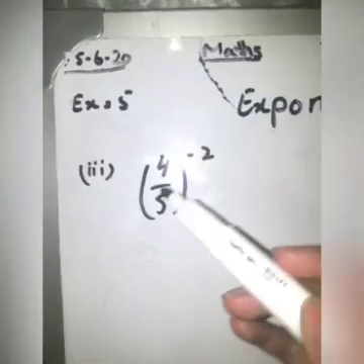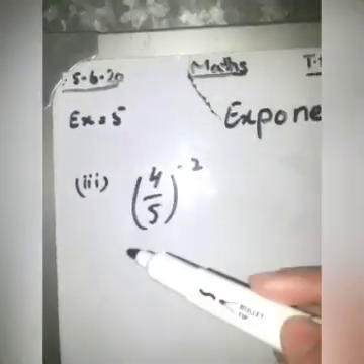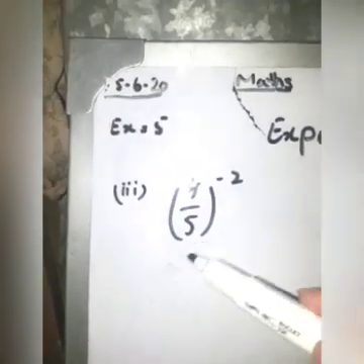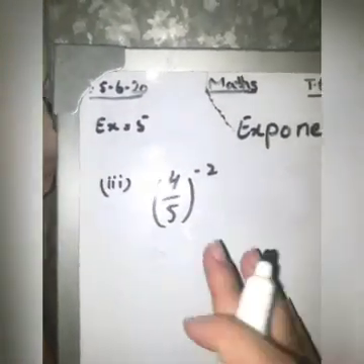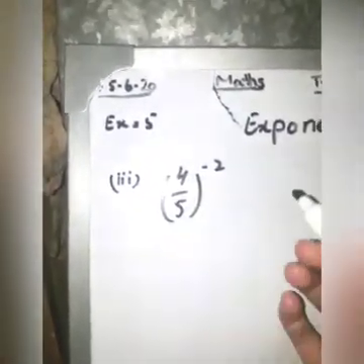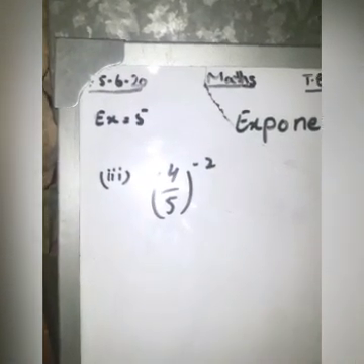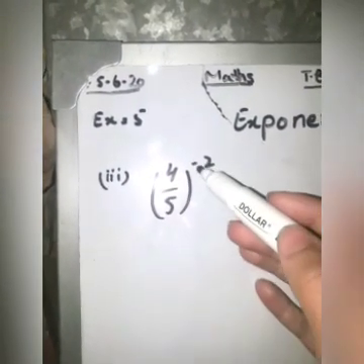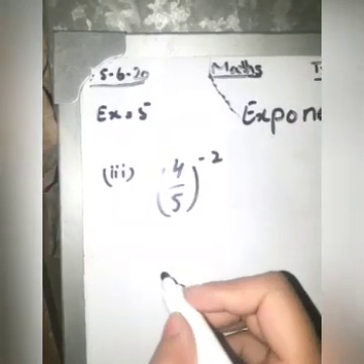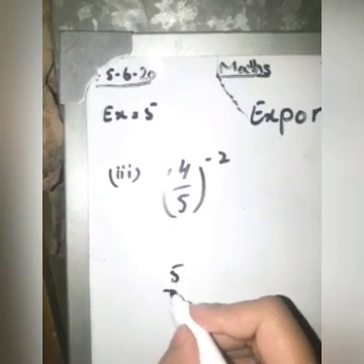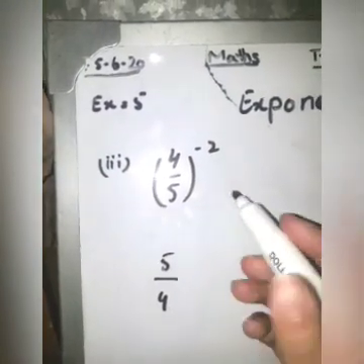Now question 3 part 3, 4 over 5 whole square minus square. So when you have the minus square, the exponent or the power is negative, so you will change the value like 5 over 4.